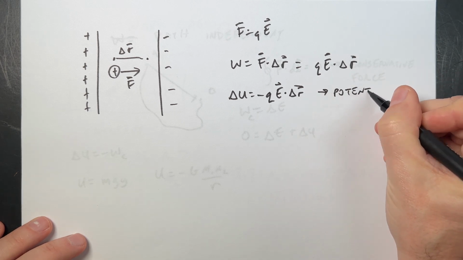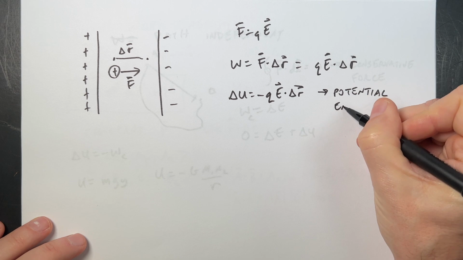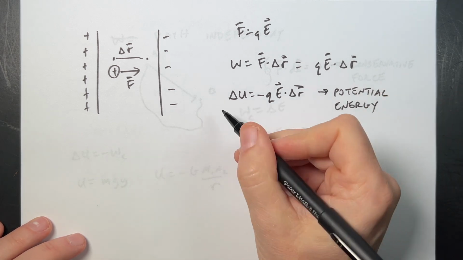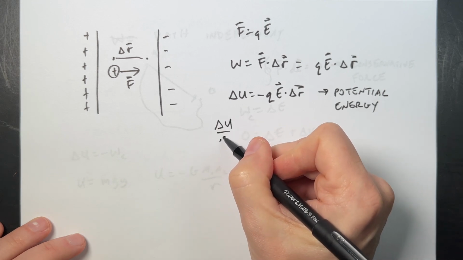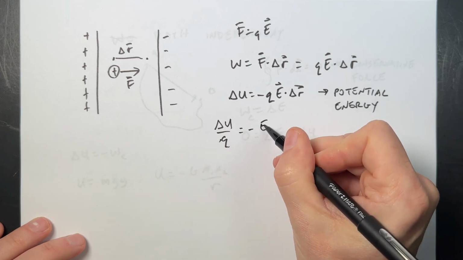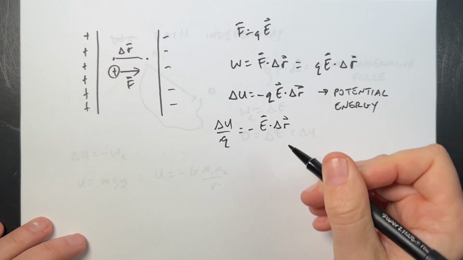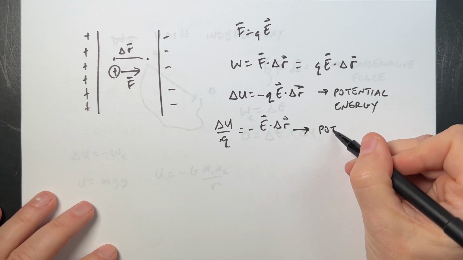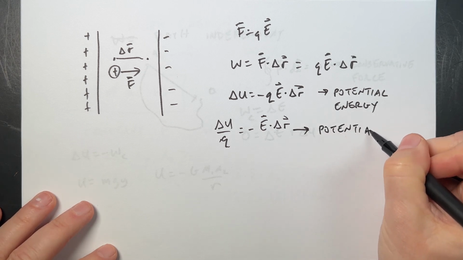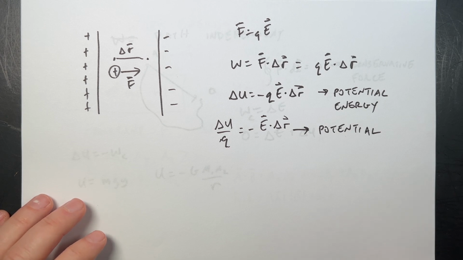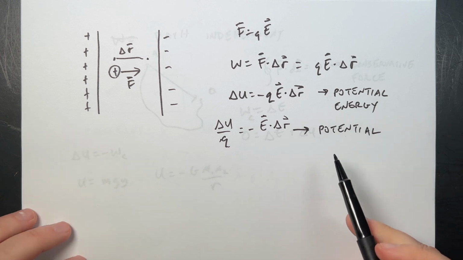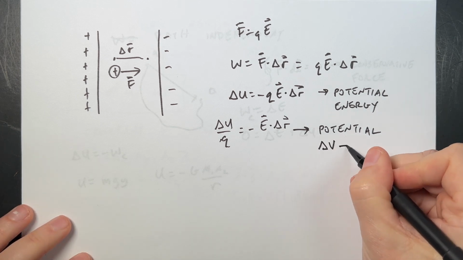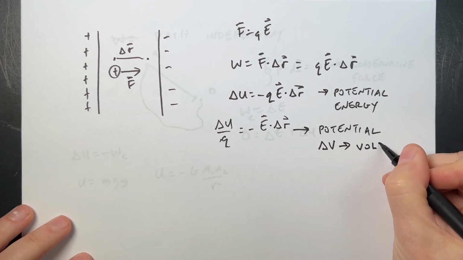Now here's something that gets a little weird. If I divide both sides by Q, I get delta U over Q equals negative E dot delta R. And I call this something the potential. And that's really weird. We don't do that in gravity. We don't have a potential. We just have potential energy. So this is actually a change in potential, and we call this delta V, and we have units of volts.